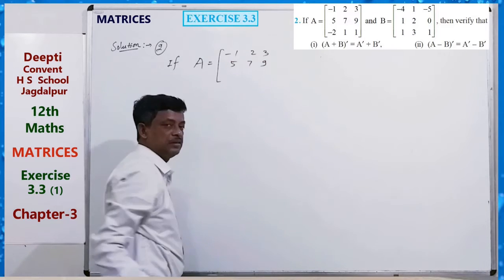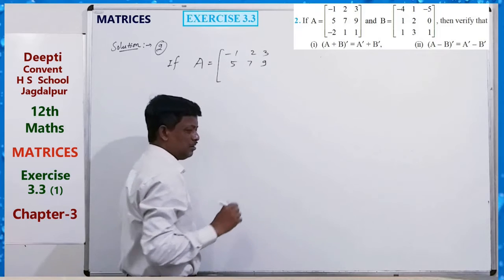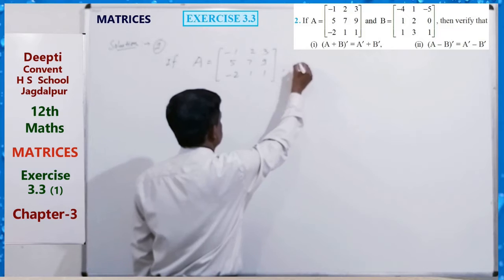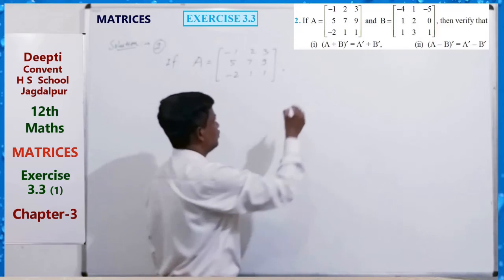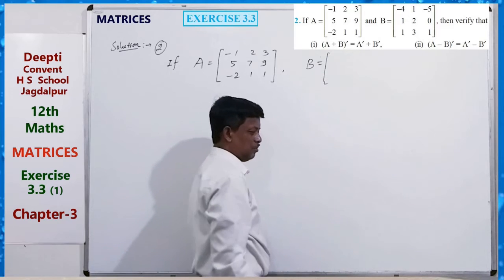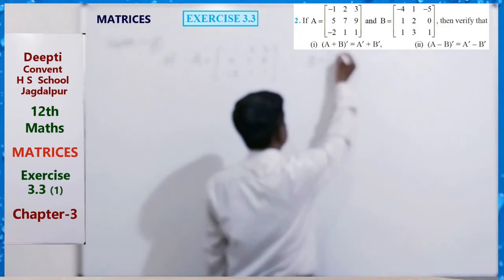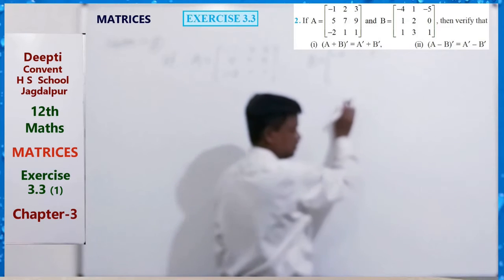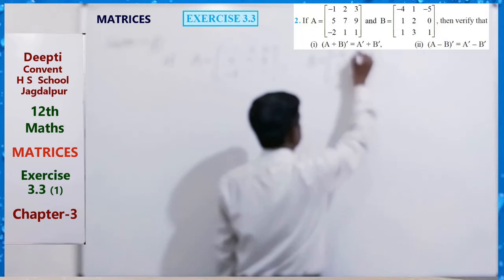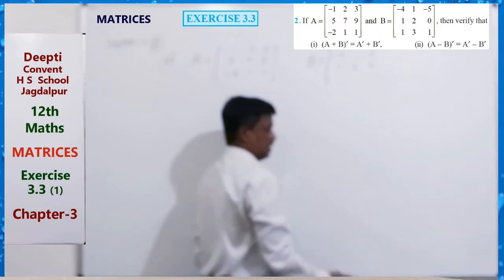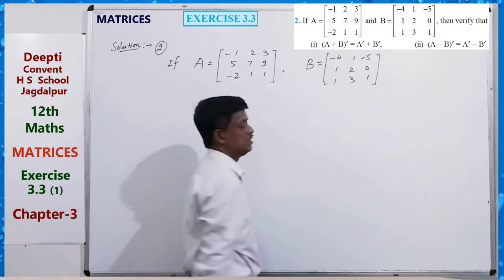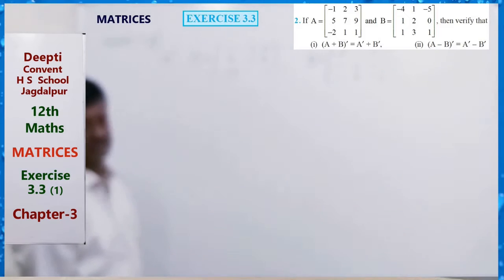This is given A. And B is also given: minus 4, 1, 5; 1, 2, 0; here minus 5 is given and also 1, 2, 0; and 1, 3, 1. Two matrices are given.